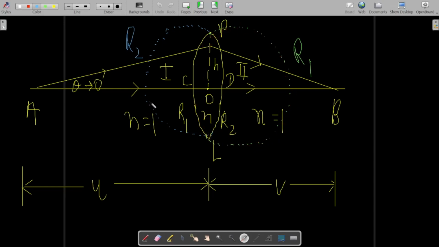And the radius of curvature of the second surface is this blue circle, which has radius of curvature equal to R2. This is the radius of curvature of the second surface.